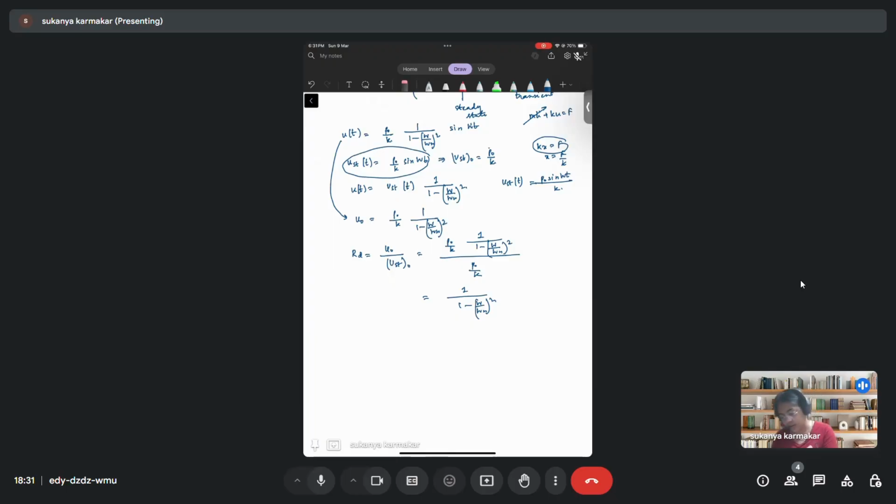Last week we also discussed that u of t can be written in the form u naught sine of omega t minus phi. This is by using trigonometric identities.